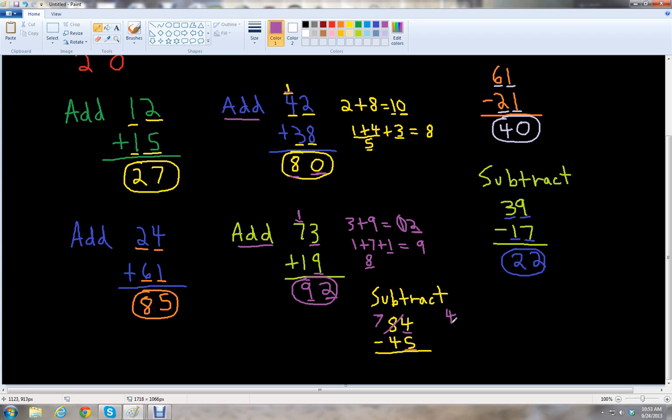So what's that? 4 plus 10, or we can write it as 10 plus 4. So 0 plus 4 is 4, and then the 1, we just carry down. So we get 14. 10 plus 4 is 14. So we make this a 14.